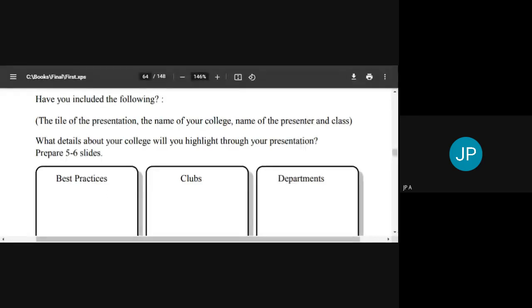A brief outline of what all things we are going to talk about should be given in the beginning itself. Right at the start, before entering the main slides, after the title you can give an introduction where you will deal with the major topics that you are going to talk about. So all these things can be included in the introduction.